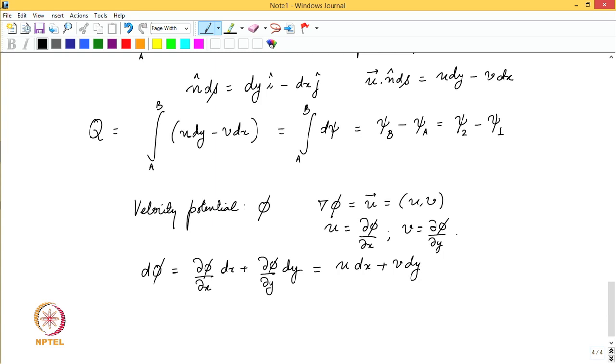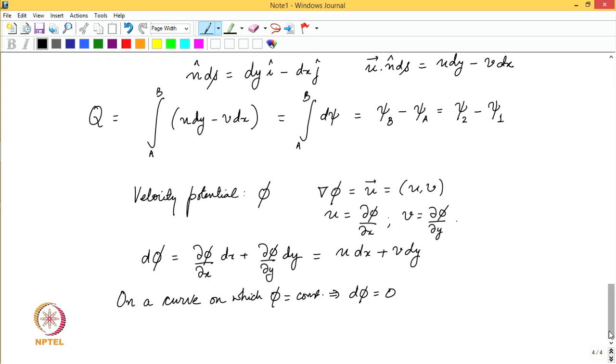And we can now say that if I am on a curve on which phi is a constant, that would mean d phi on that curve would be 0.